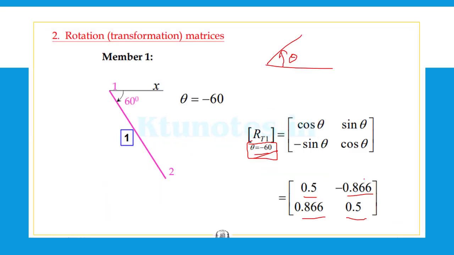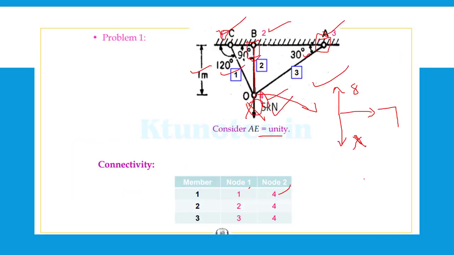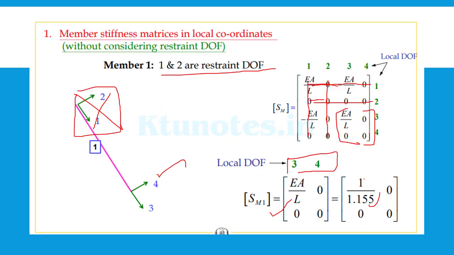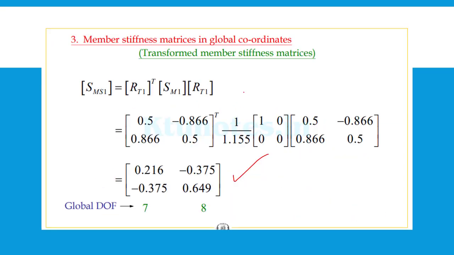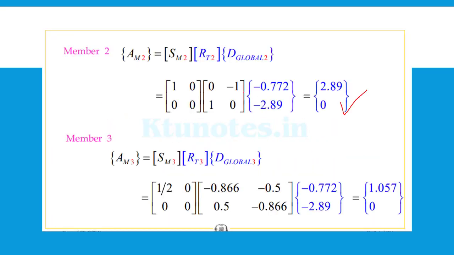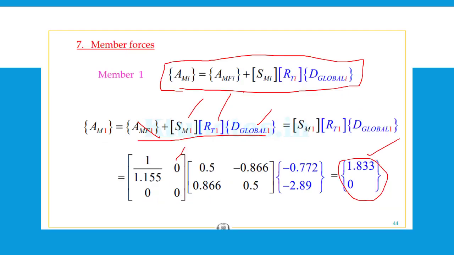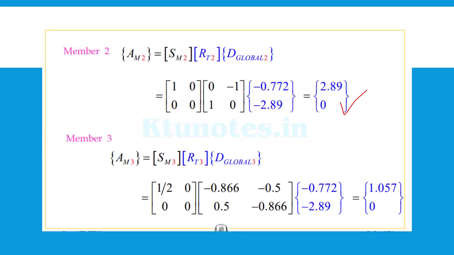If you correlate with the initial one, it will be the stretching of the member. So for all this action of the 5 kilonewton, you know that all the members will be under tension. The tension value will be the first value, and the horizontal value will be the second value, which is equal to 0. So the tension values are obtained as 1.833, 2.89 and 1.057.